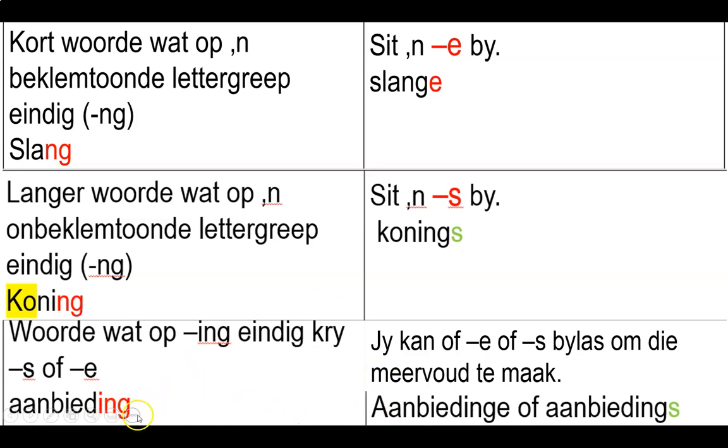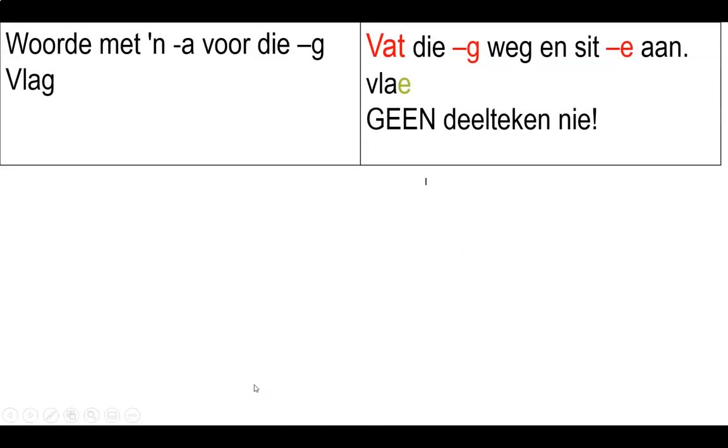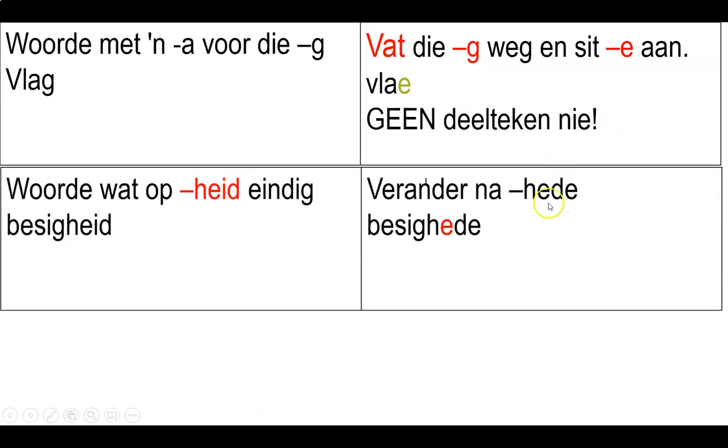Words that end on ing, you can either put the S or the E, both would be correct. Words that have an A in front of a G, like vlag or dag, you take the G away and you add an E. And remember, no deeltekens. If your word ends on heit, it changes to hede. Please remember there's no I. The I falls away and you add the E.